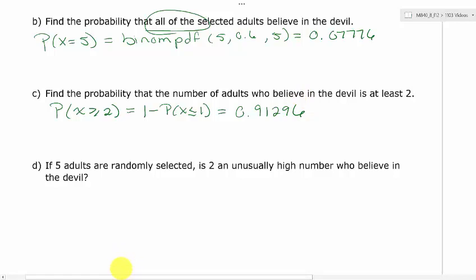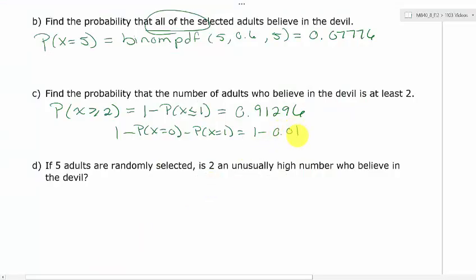So again, you could use your table for this. So this would be 1 minus the probability that x is equal to 0 minus the probability that x is equal to 1. Oops, that should be a 1. So 1 minus, go over to our table. 0 is 0.01. 1 is 0.077.